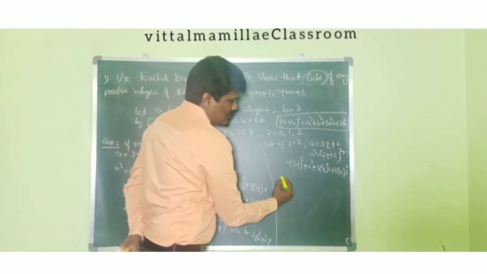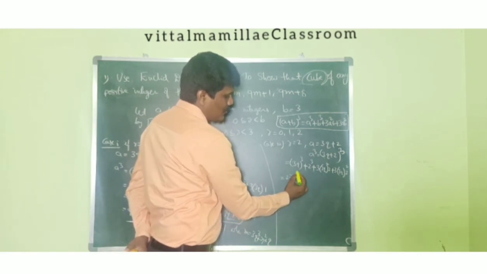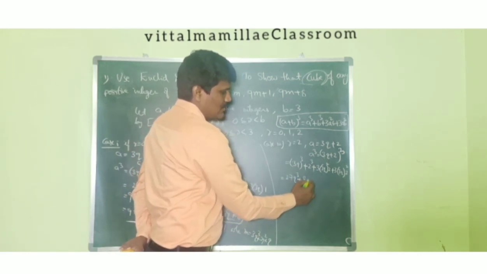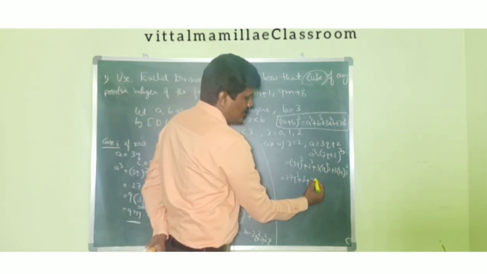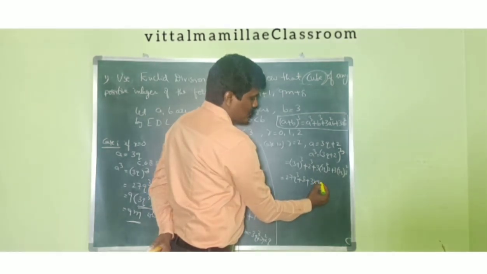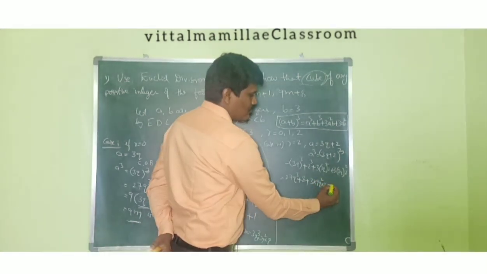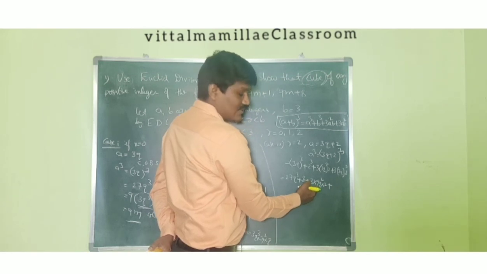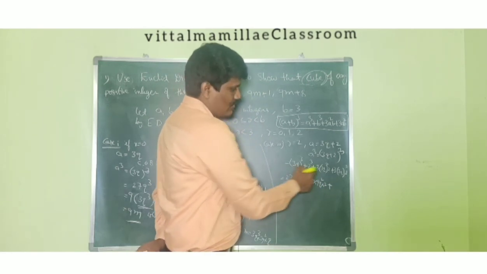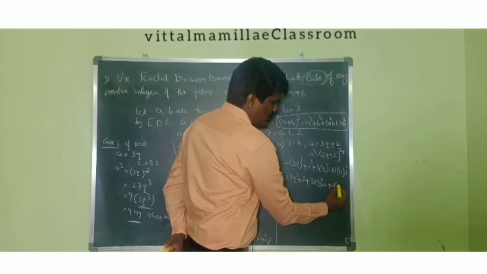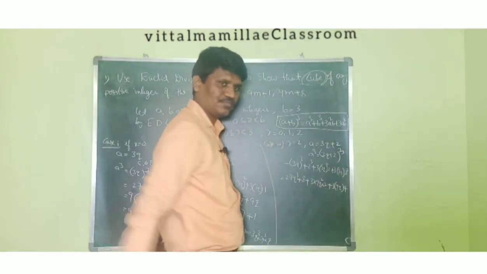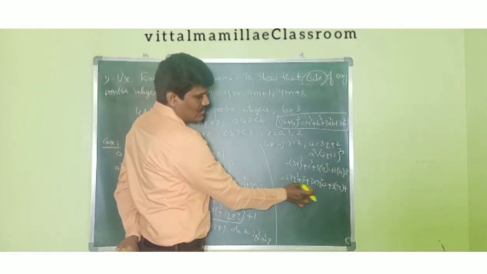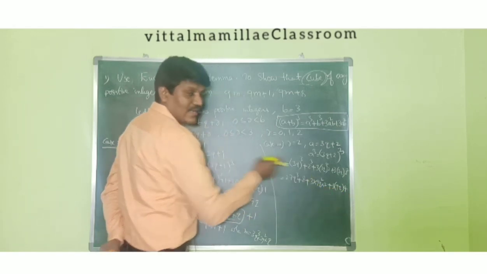Now if you observe this, you can write this as 27q cube plus 8 plus 3 into 9q square into 2 plus 3 into 3q into 4. Why I am writing like this is that I can take 9 common here. This is 2 square, which is nothing but 4. So from this I can take 9 as common.